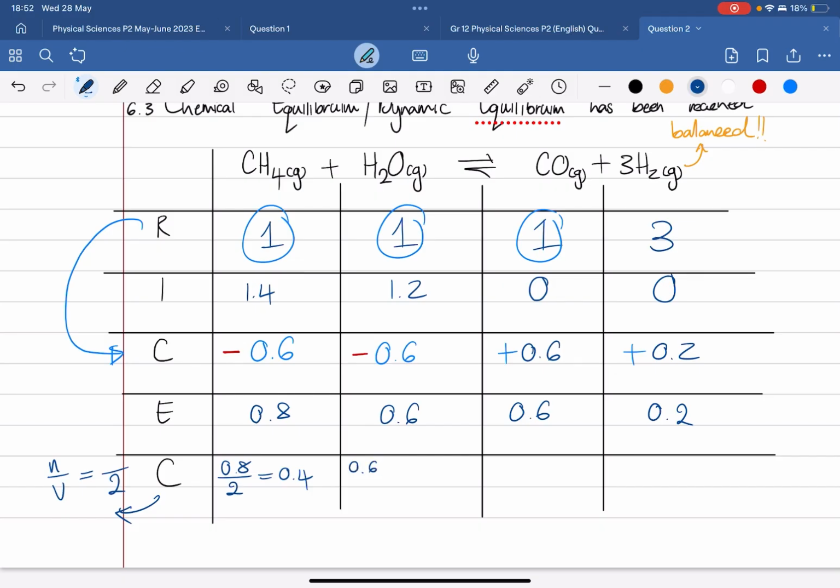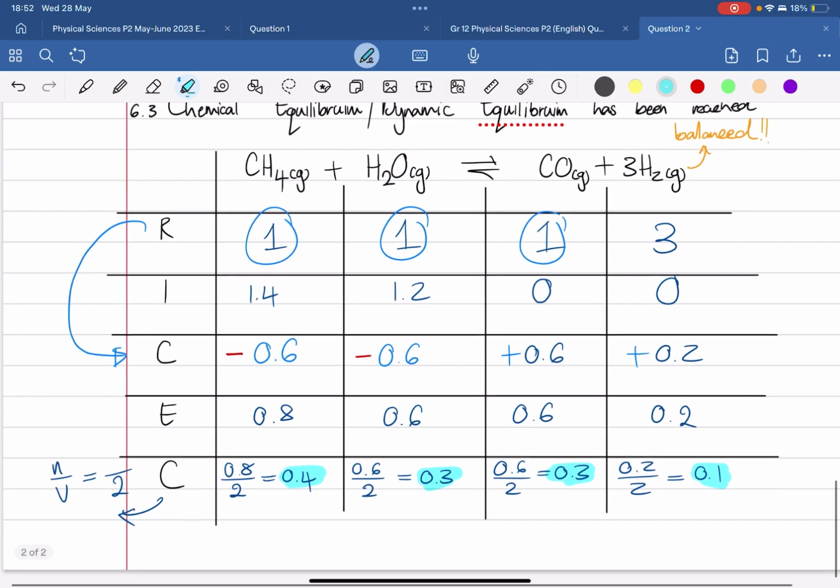I've got 0.6 divided by 2. This will give me 0.3. I've got 0.6 divided by 2. This will give me 0.3. I've got 0.2 divided by 2. This will give me 0.1. So all of these values in blue are now my concentrations when equilibrium is reached.